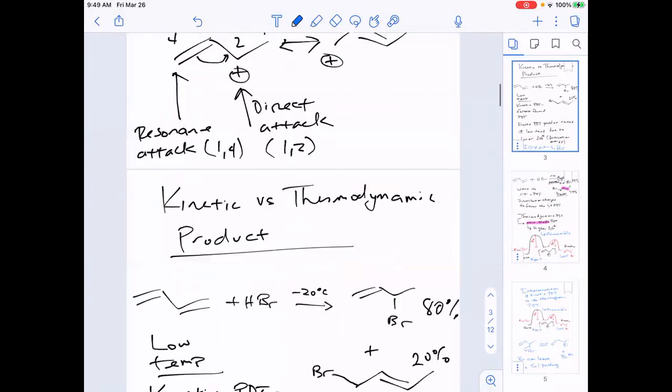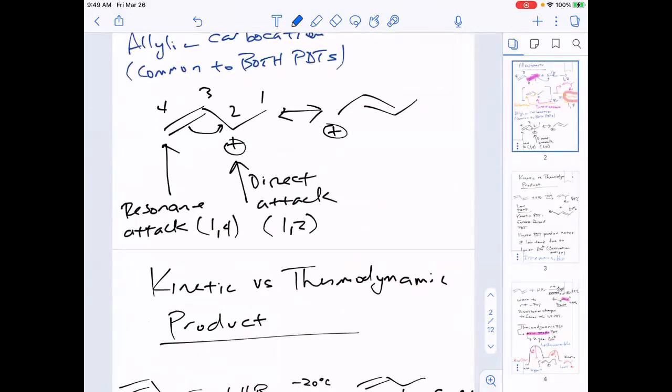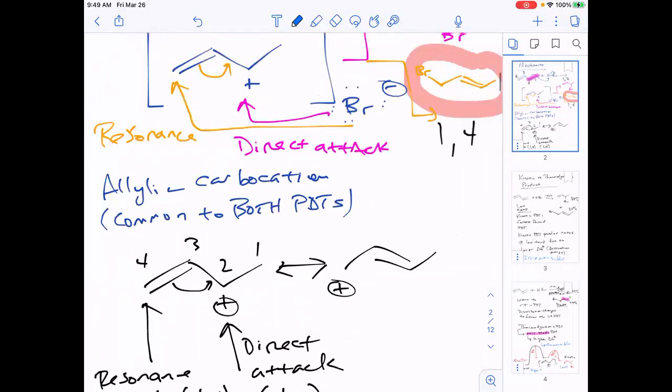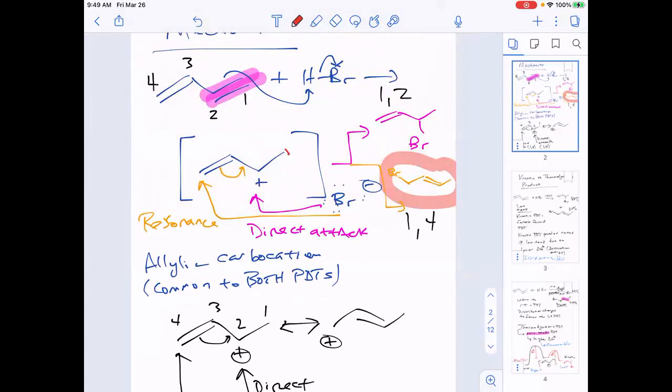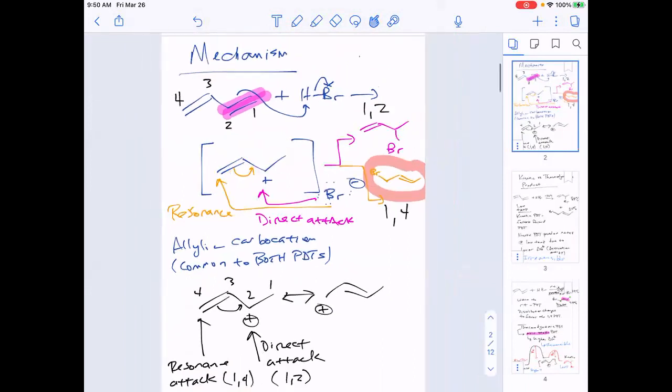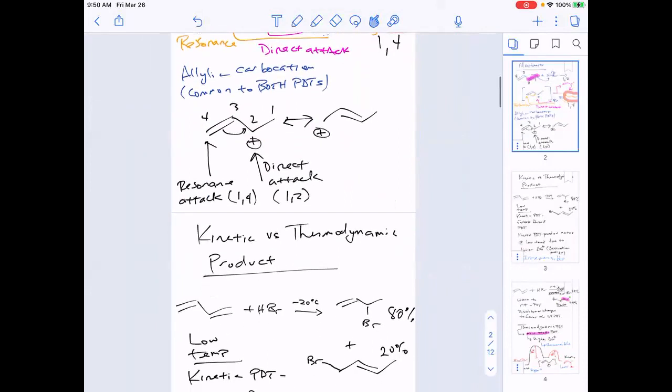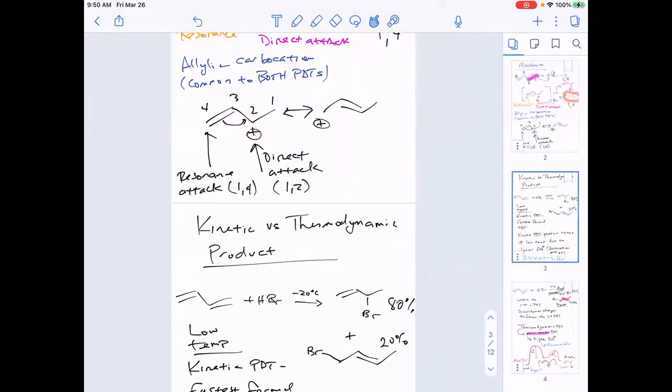You can't form the other carbocation because you can't stabilize it by resonance, so the plus charge will never be on this carbon right here. It's always going to be allylic. So we know we go through an allylic carbocation, and we know that you get two products, the 1,2 and the 1,4 product.